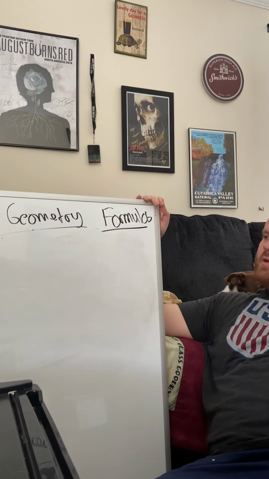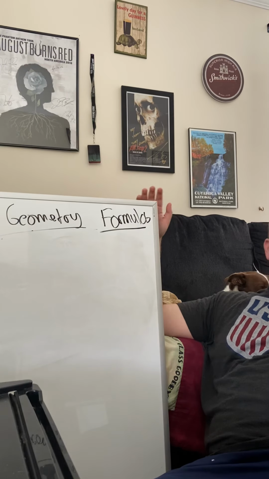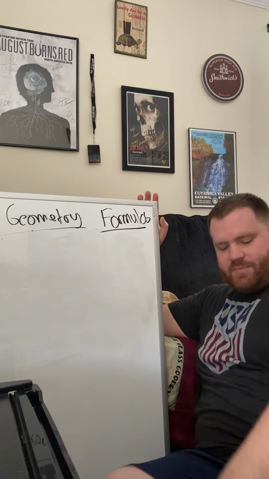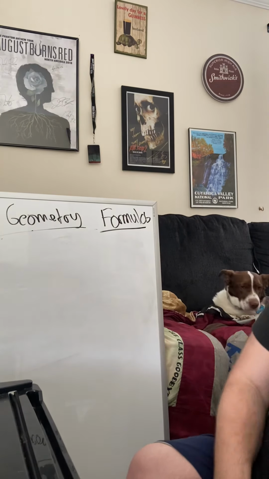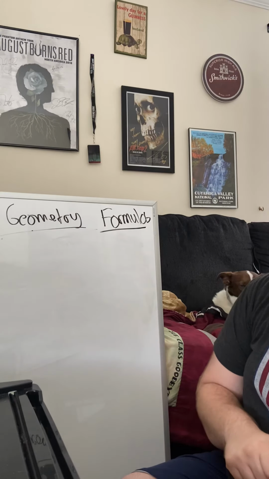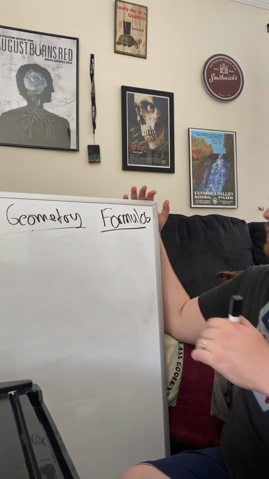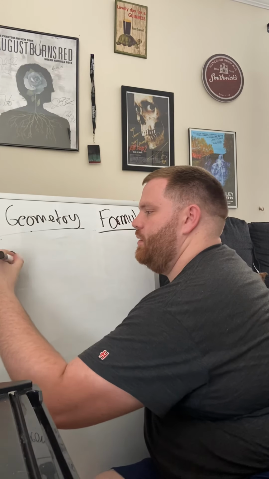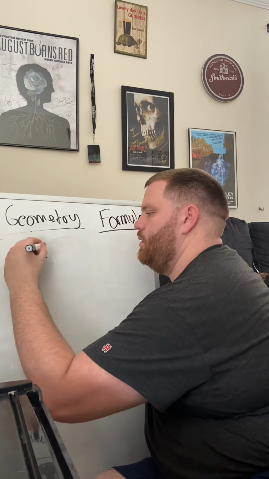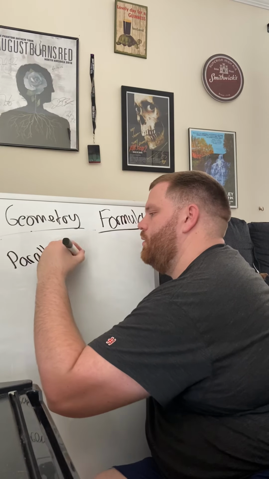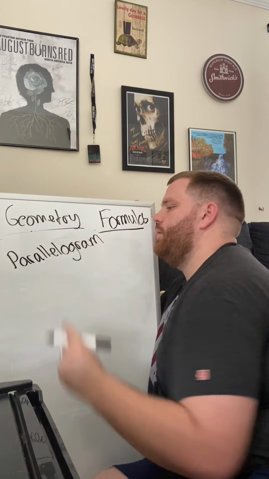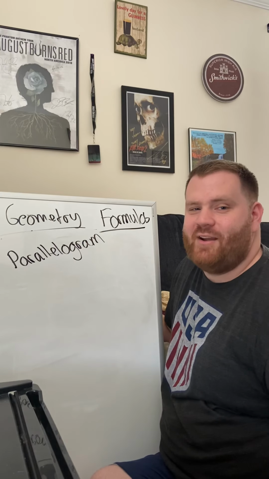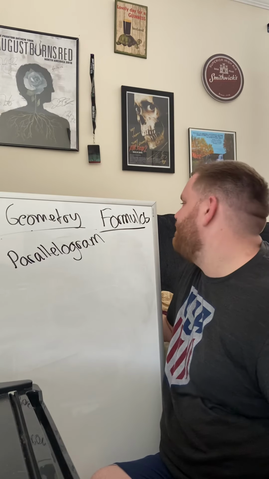Super cool. All right, so next shape: something called a parallelogram. I'm going to write that out for you so you see it. Parallelograms look just like rectangles. They're pretty much the same.